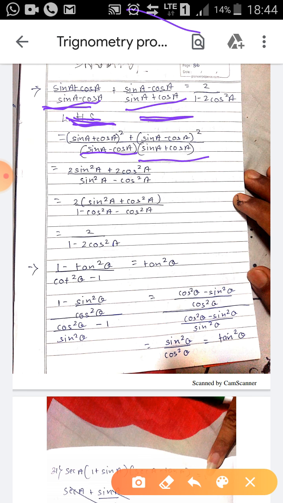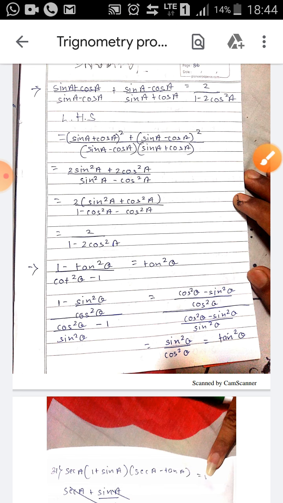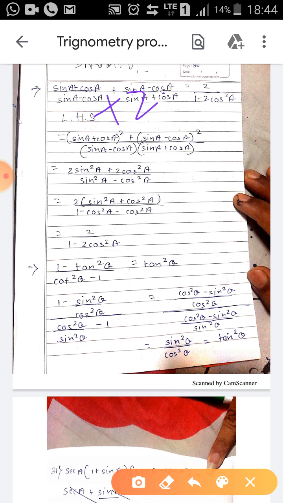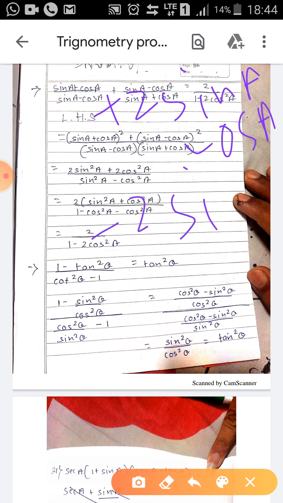Now after solving sine a plus cos a whole square, which is a plus b whole square, and sine a minus cos a whole square, which is a minus b whole square, the plus 2 sine a into cos a and minus 2 sine a into cos a cancel out and you just get 2 sine square a plus 2 cos square a.